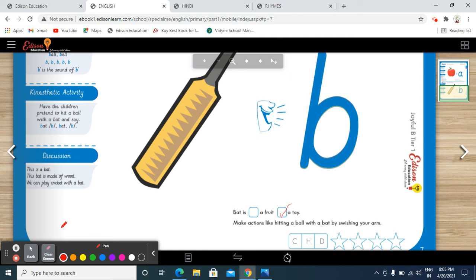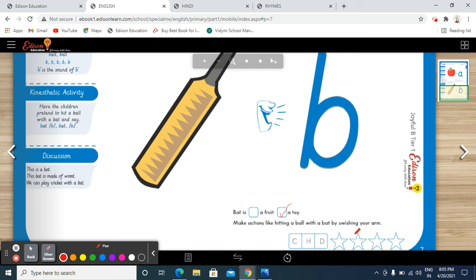Good. And you have to make actions like hitting a ball with a bat by swishing your arm. You have to enact as if you are hitting a ball with a bat. Though we have done a kinesthetic activity to hit a ball with a bat, you can also swish your arm and pretend you are hitting a ball with the bat.